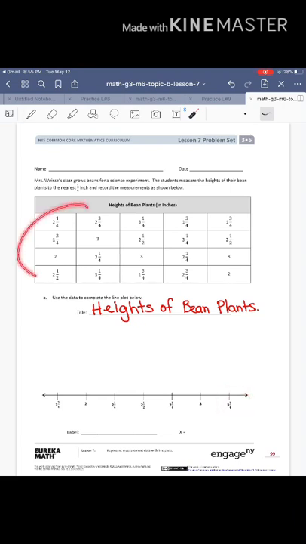So among all these numbers in this chart, this is the smallest number and this is the highest number. If you were to do your own line plot, that's what you do first. You check all the information you have and you place the smallest one at the beginning and the highest one at the end.